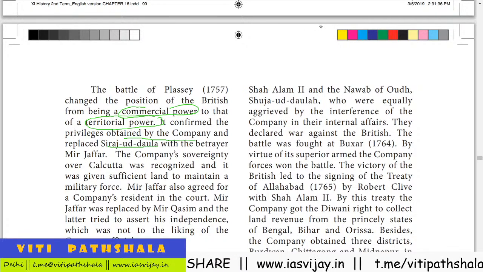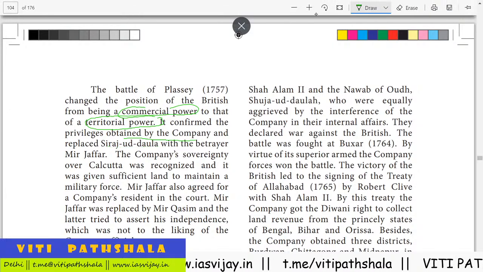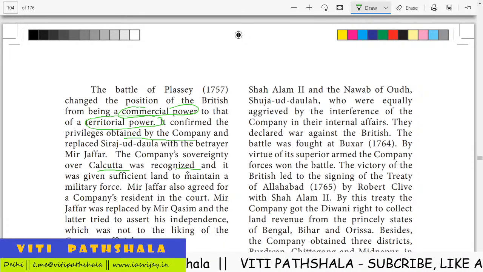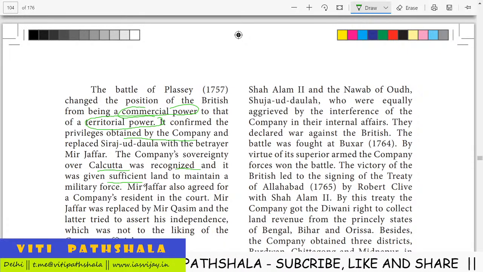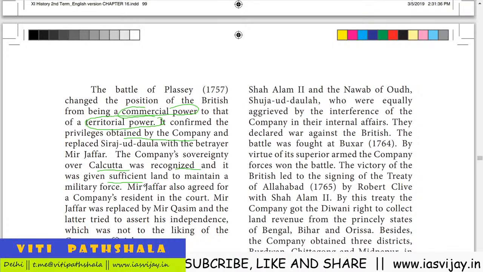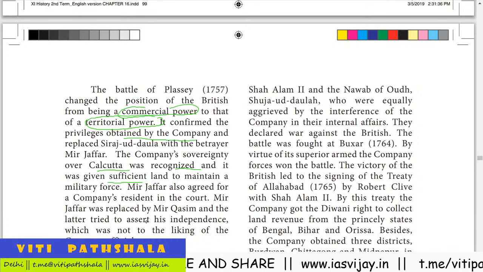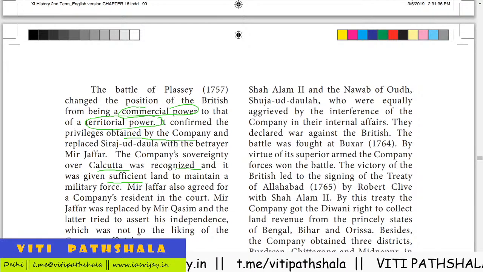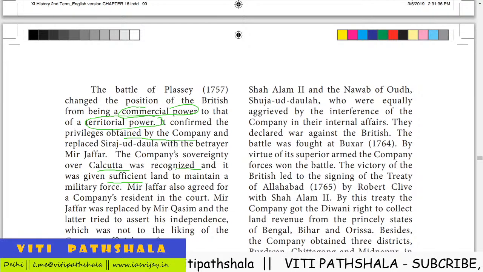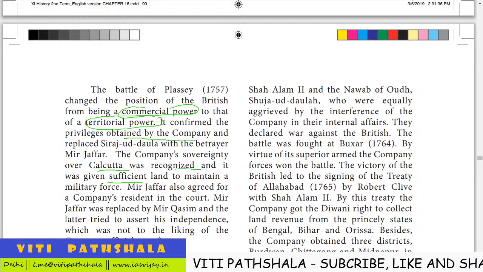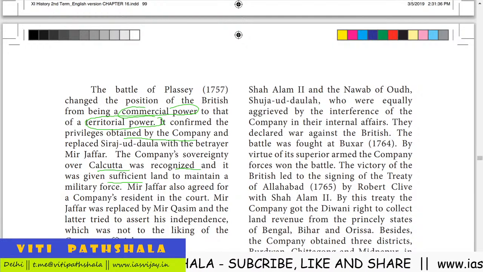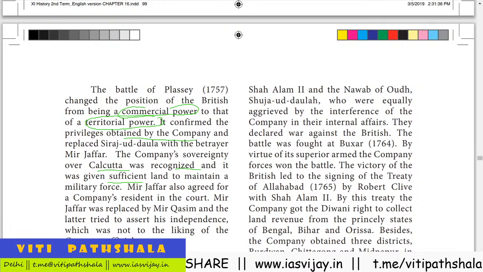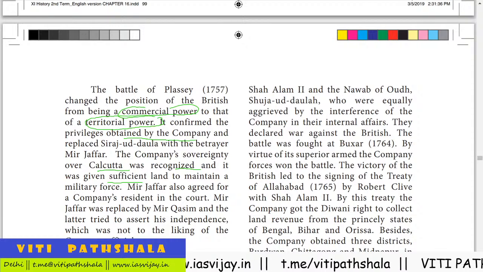The company's sovereignty over Calcutta was recognized and it was given sufficient land to maintain a military force. Mir Jafar also agreed to the company's resident in the court. Mir Jafar was replaced by Mir Qasim and the latter tried to assert his independence, which was not to the liking of the company's officials.